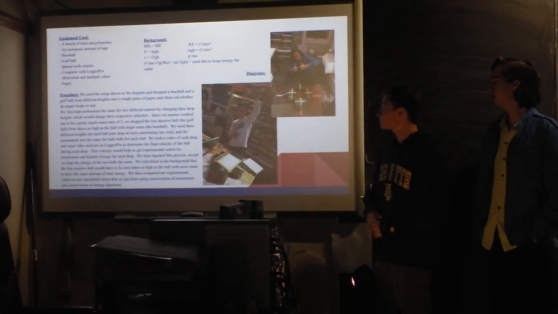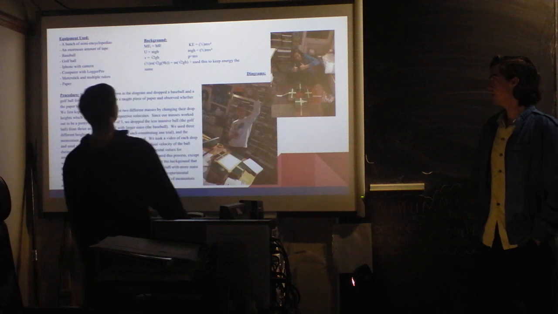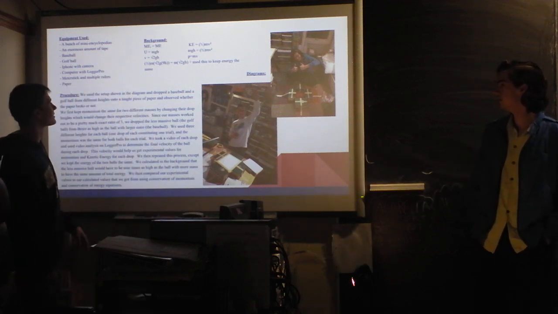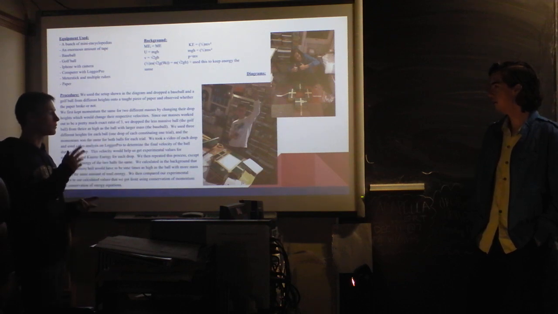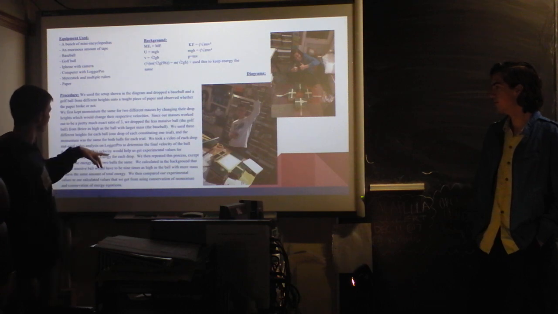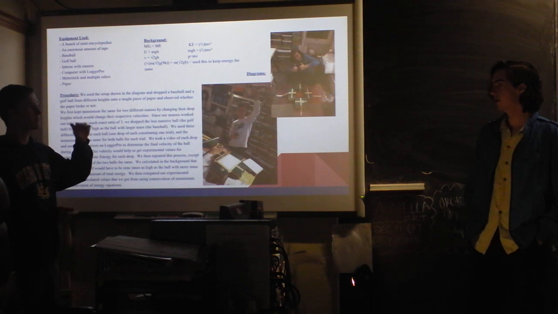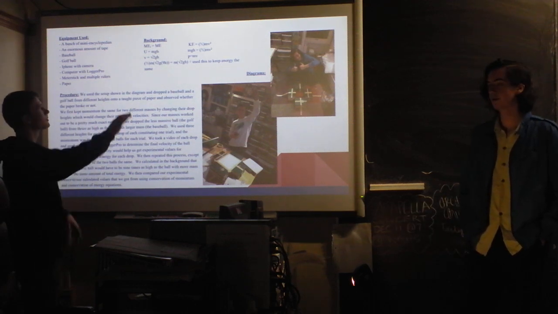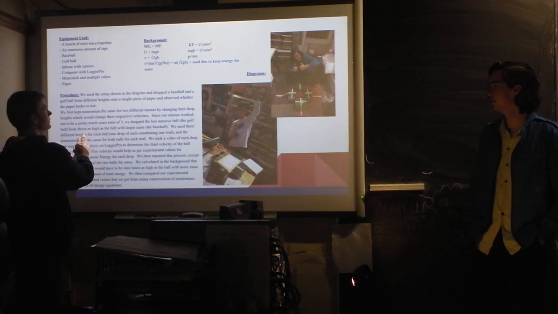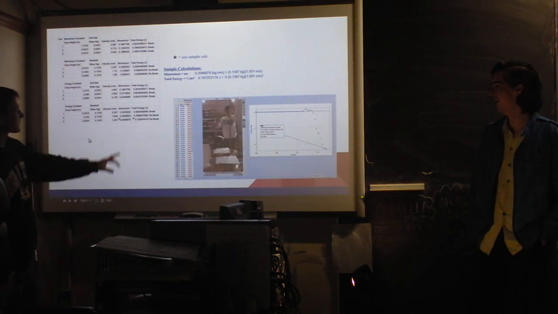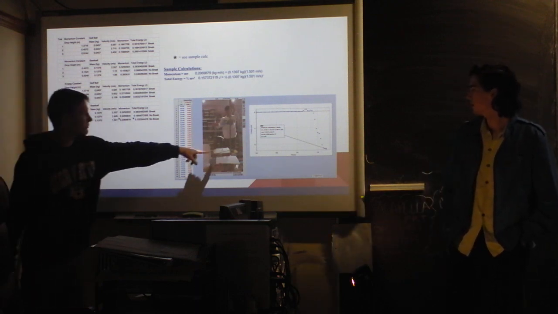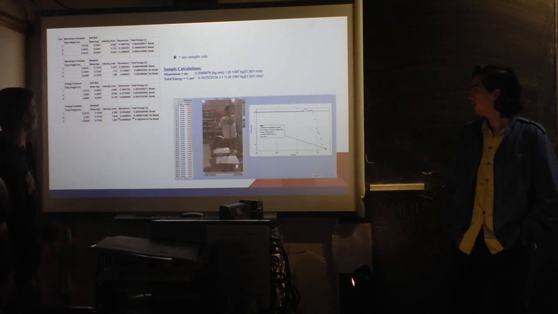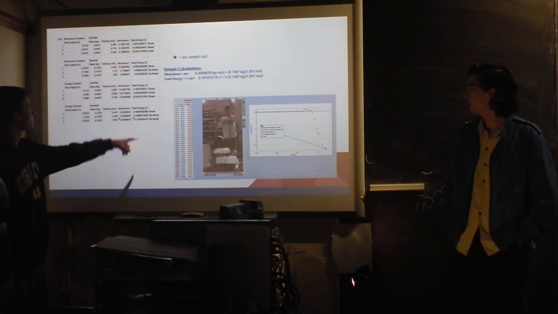So we played with the ratios of the masses and the initial and final heights, and to keep momentum constant, one was a factor of 3 and the other was a factor of 9, because of the equations. Then we took a video of each drop and did video analysis to find the final velocity right before it hit the paper. And then we measured the drop height and whether it broke or not.